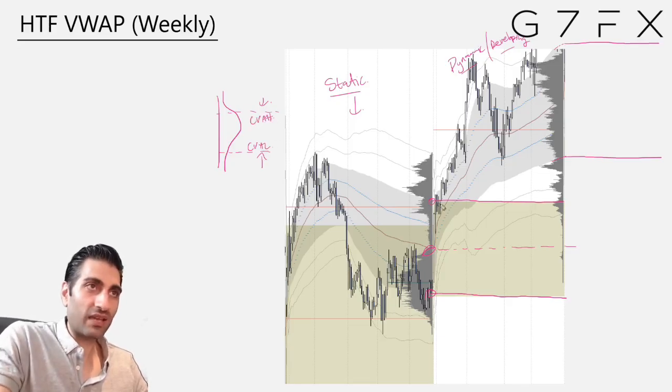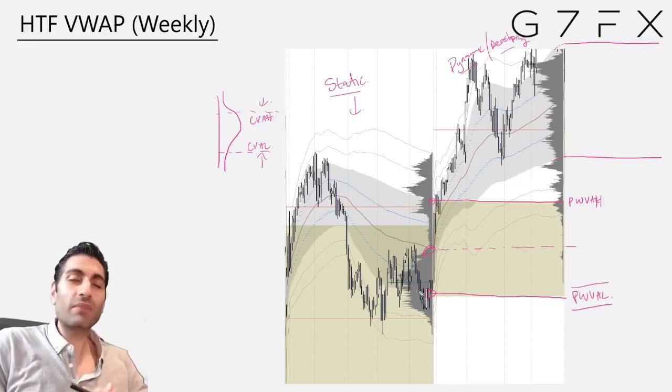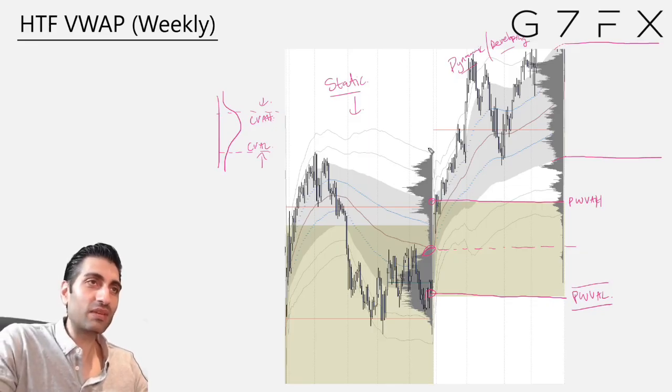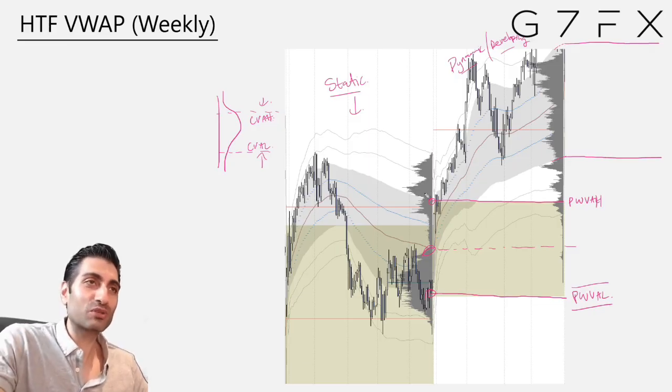Instead of CVA high and CVA low, I'm just doing prior week's value area high, prior week's value area low. That's it. It's nothing amazingly, mind-blowingly different to anything that anyone has ever seen or thought of before. It's just logical. I'm just using the previous week's value.